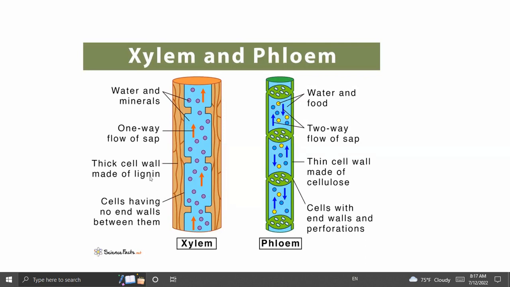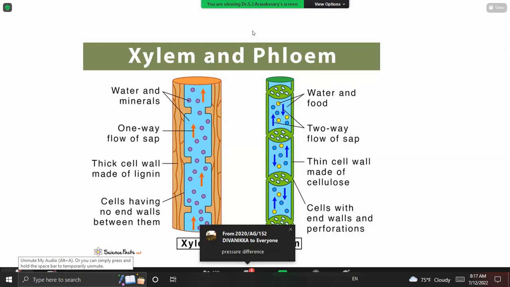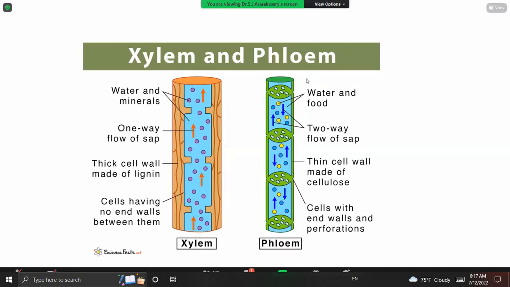Xylem is only up, phloem is both ways. Yes, there is a chat. Translocation happens due to tension of transpiration. Okay. Pressure difference. Yes, that's true. But why is the xylem only going up with water and minerals?